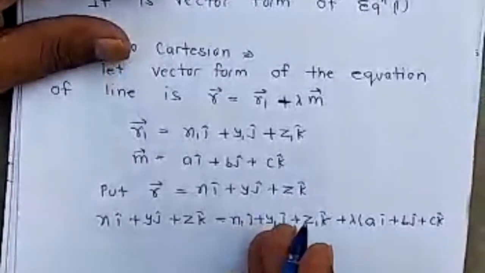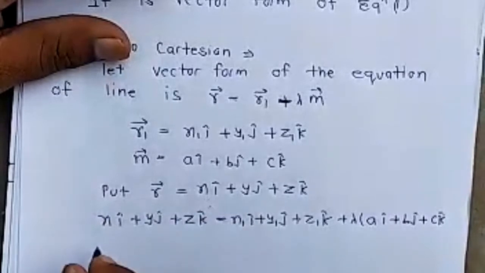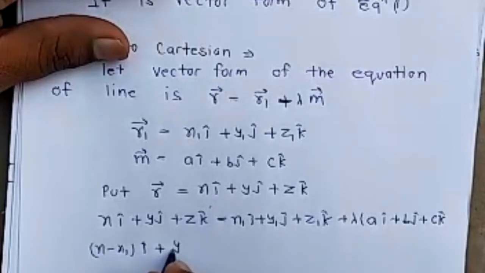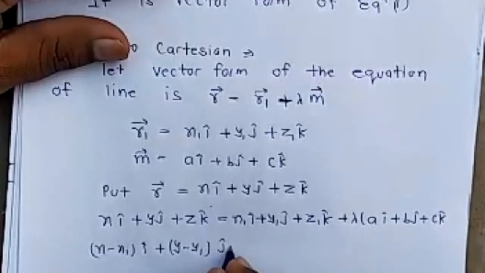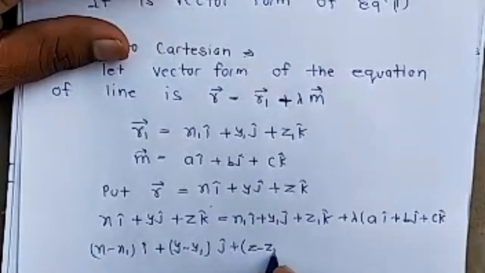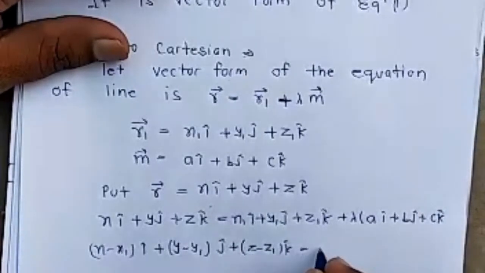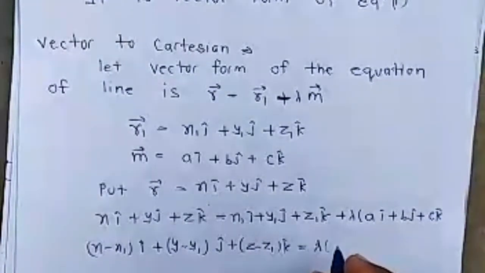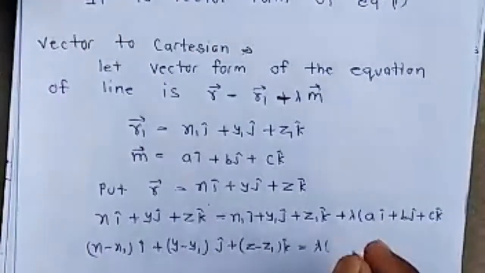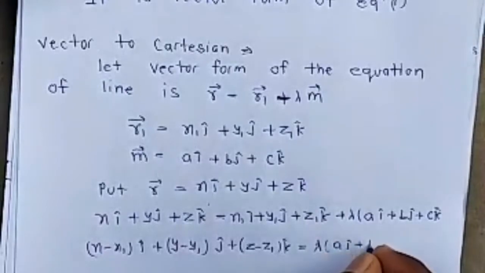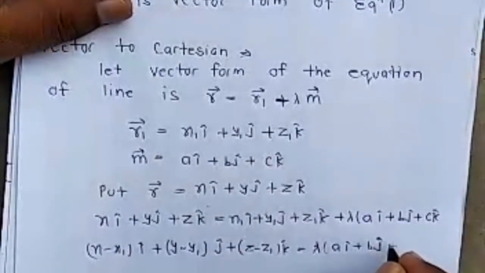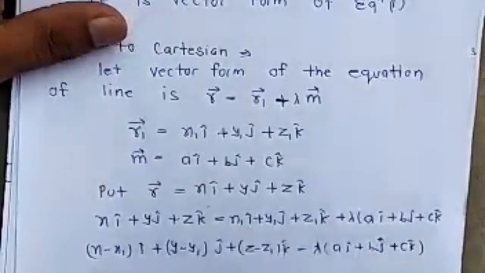Now shift x1, y1, z1 to LHS, means x minus x1 i cap plus y minus y1 j cap plus z minus z1 k cap equal lambda into ai plus bj plus ck. Compare the equation.